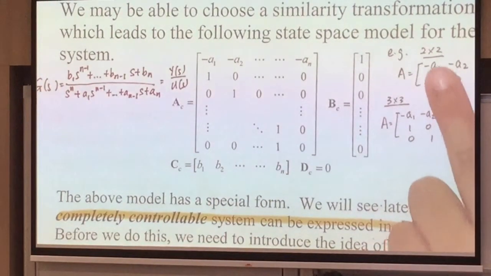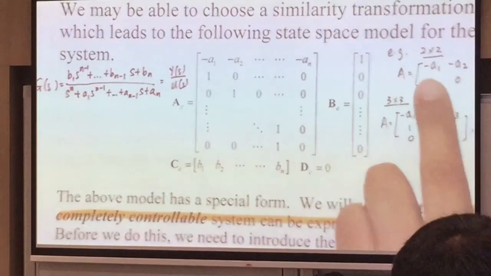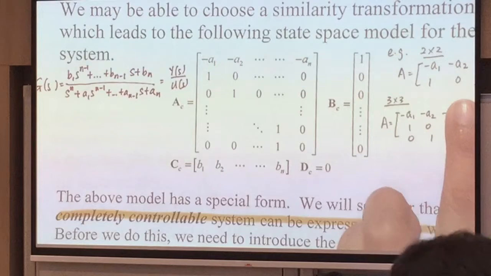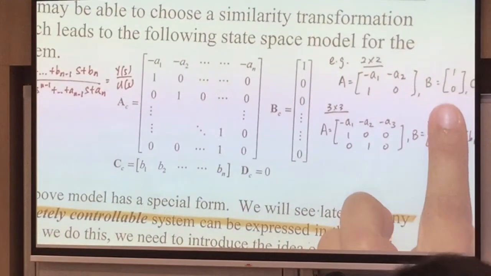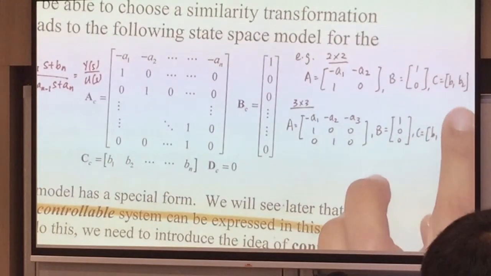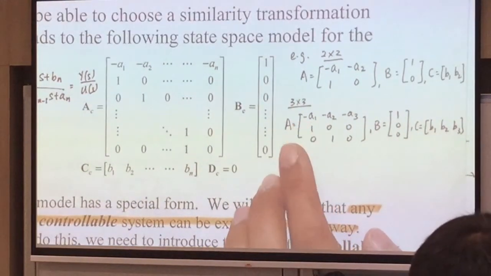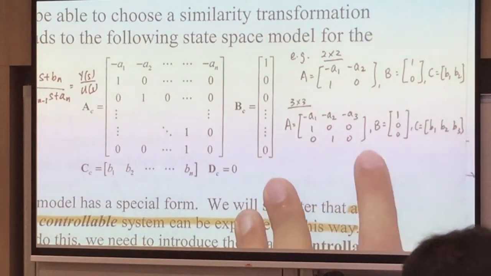An example: if you have a second order system, A will be minus A1, minus A2, then 1, 0. B will be 1, 0, and C will be B1, B2. For a third order system, A is minus A1, minus A2, minus A3, then 1, 0, 0, then 0, 1, 0.